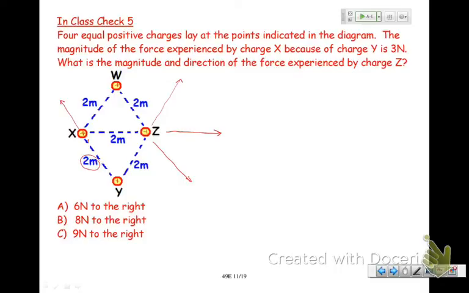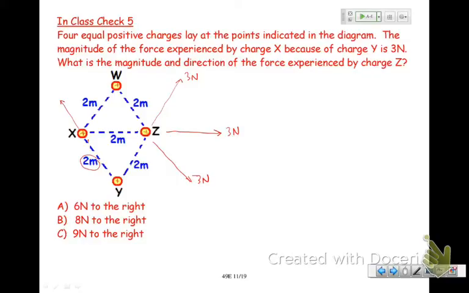Between X and Z is 2 meters, so we'll get a 3 newton force. Between Y and Z is 2 meters, so 3 newtons. And between W and Z is 2 meters, so 3 newtons.